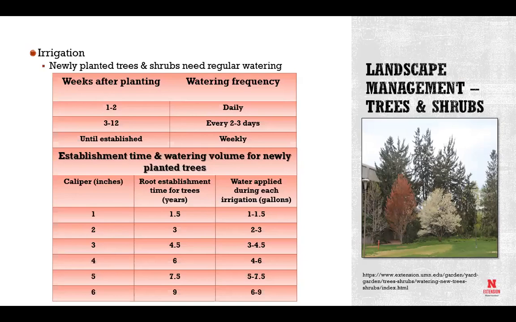And it's probably going to take 1.5 years for it to be established. And look at how long, if you planted a 6-inch caliper tree, it's going to take 9 years for that tree to be established. That means that tree is going to sit there and literally do nothing for the next 9 years. So what's the point? Yeah, it's going to be big when it goes in, but your budget isn't going to be big anymore.